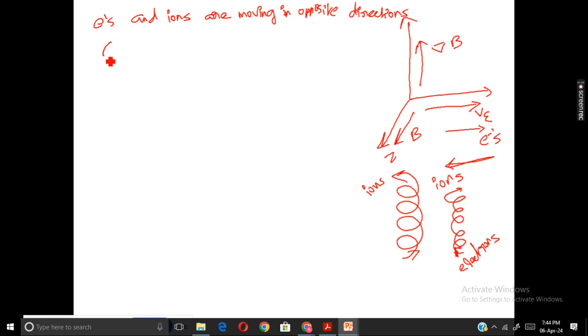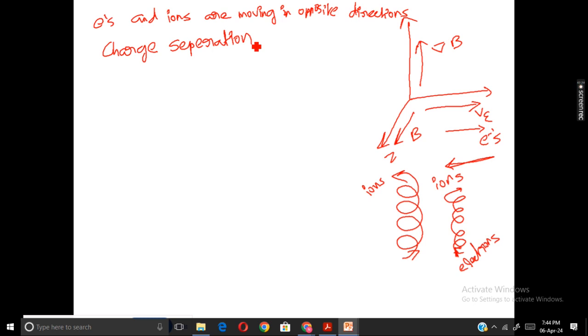This will basically lead to a charge separation. So in the presence of an inhomogeneous magnetic field, a charge separation is also occurring because of the difference in the direction of movement of electrons and ions.